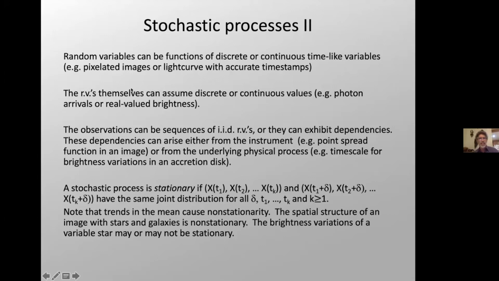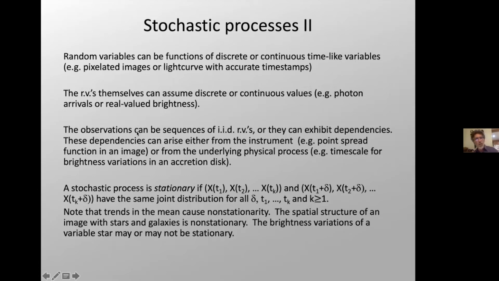The radial velocities themselves can be discrete or continuous values. So discrete might be, for instance, counting photons, or counting some sort of events or the arrival times. The continuous variable would be something like brightness that can have real values.